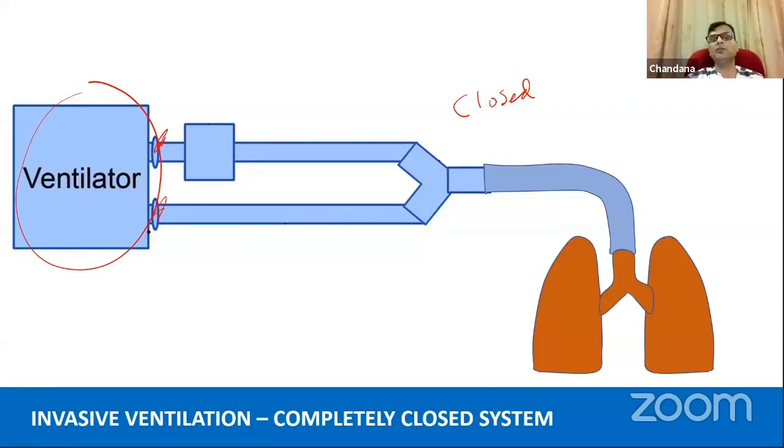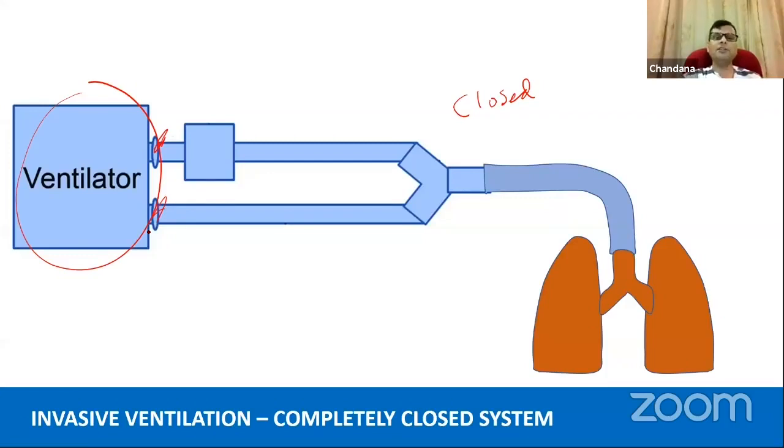Otherwise the patient is going to suffer, because if the ventilator is not sensing the patient's breath and the patient is trying to breathe, the patient is in trouble because he's not getting any flow. So the ventilator should be capable enough to sense the patient breathing and time it accordingly. Otherwise, the patient is going to struggle to breathe. That is why we need to sedate these patients on invasive ventilation.